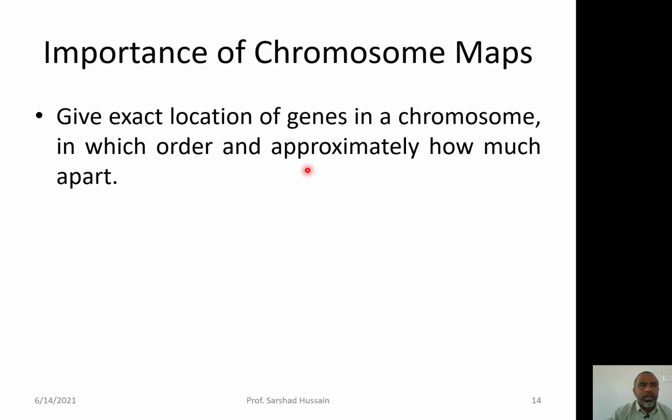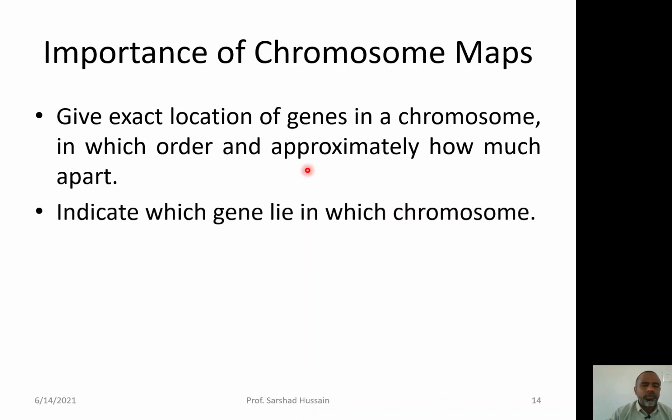If A and B are 2 units apart, then look at B and D. If it is 5 units apart, or 1 unit apart, then you can place it on the right side or the left side, and so on. It also indicates which gene lies on which chromosome. By chromosome mapping, you are able to tell which gene is located on which chromosome.